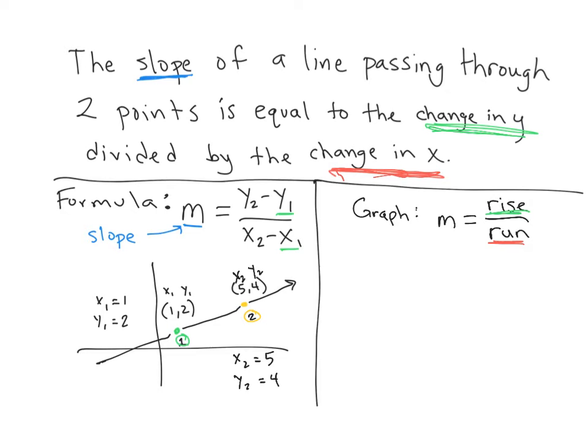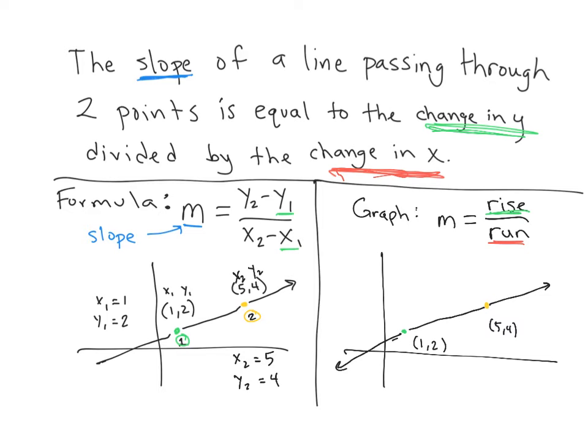So if I have that same graph as I had with the formula, and I have the point at (1, 2) and a point at (5, 4), the way I can calculate the slope is by calculating the rise over the run.